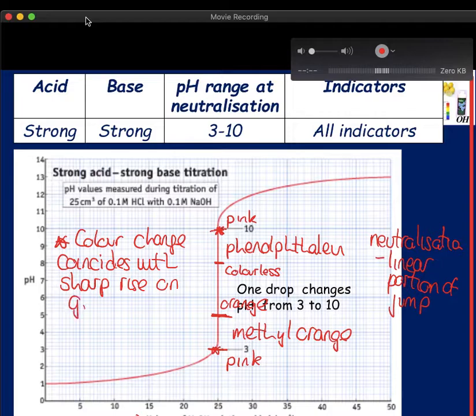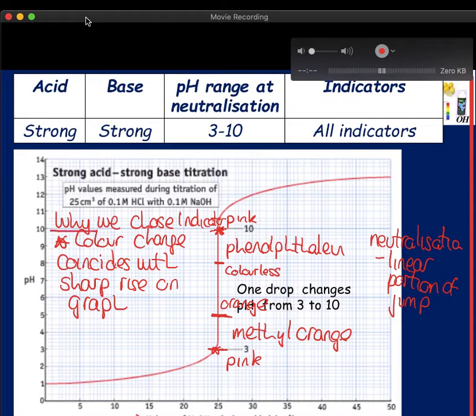This answer will transport itself to the other types of titrations that you can do. So this is why we chose whatever indicator.